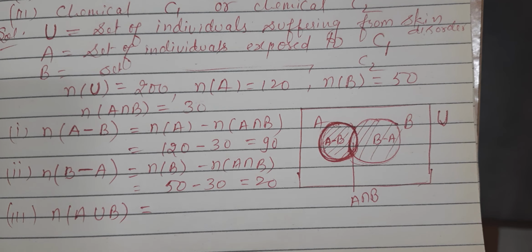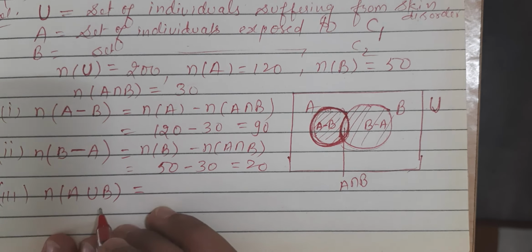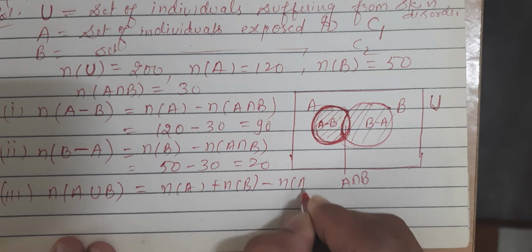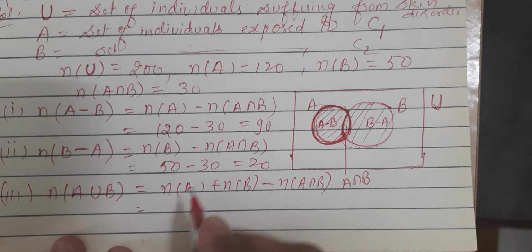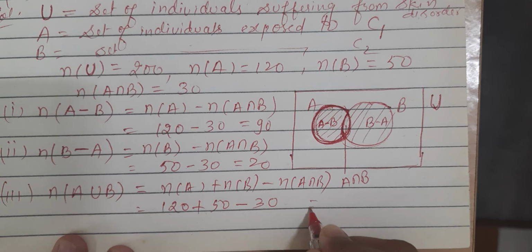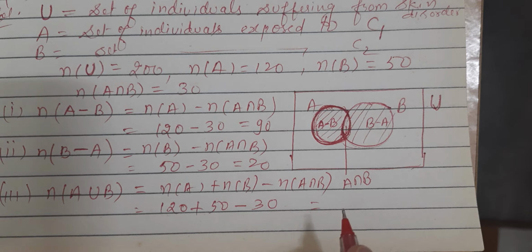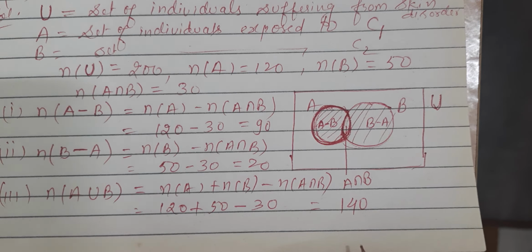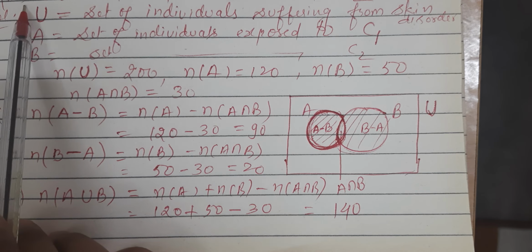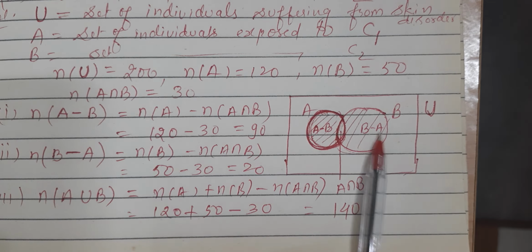We know the formula: n(A union B) is n(A) plus n(B) minus n(A intersection B). Now we have all the values: 120, 50 and 30. The answer is 140. So there are 140 individuals who are exposed to chemical C1 or chemical C2. This is the way we can simplify this application problem or word problem by using a Venn diagram.